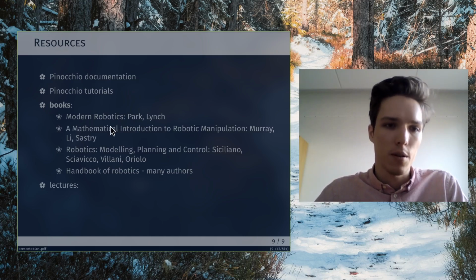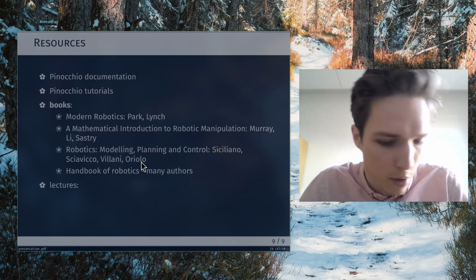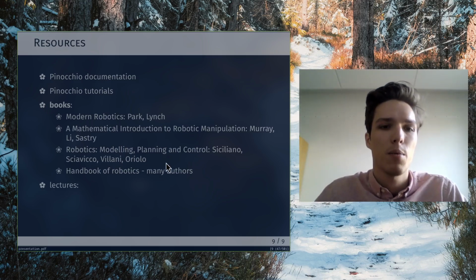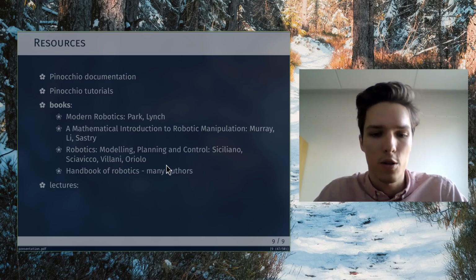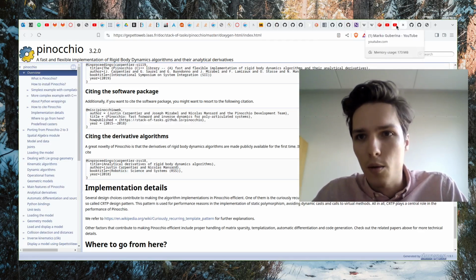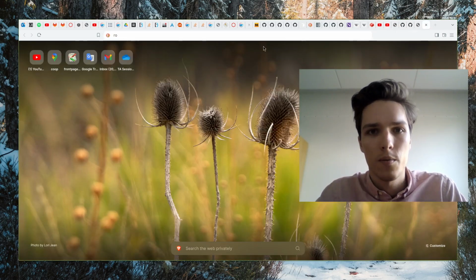I should have noted as well, for Pinocchio you also need another book, Roy Featherstone's Rigid Body Algorithms. I don't know why I don't have it in a tab here. That's again Roy Featherstone, Rigid Body Algorithms. I think I did have his website prepared already. Okay, I am here.